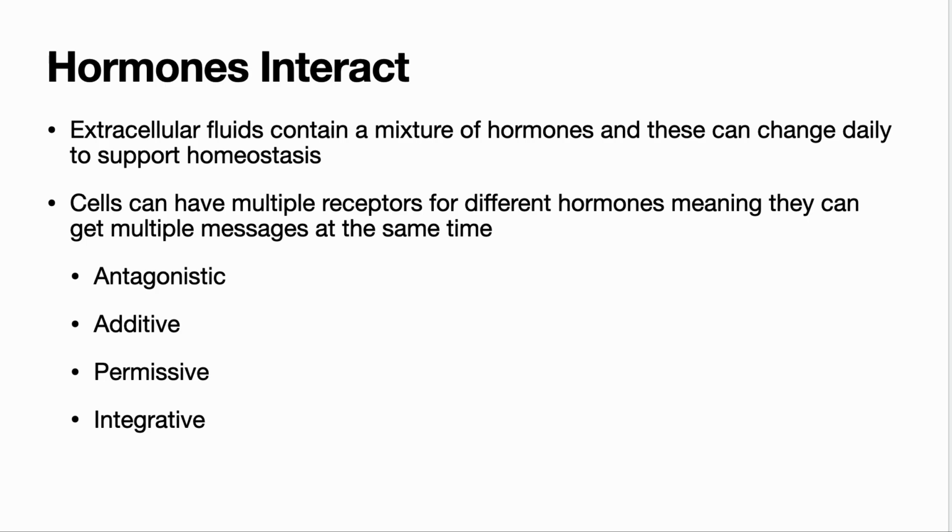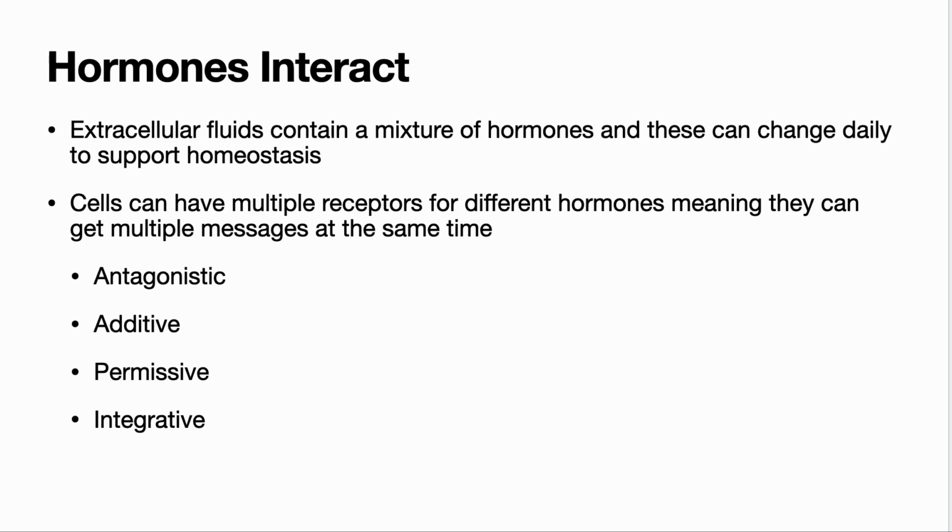So, first and foremost, let's take note of the fact that your extracellular fluids, the fluids that surround your cells, contain a mixture of hormones, and that mixture can change daily to weekly to monthly to support homeostasis based on meeting the needs of your bodily functions.